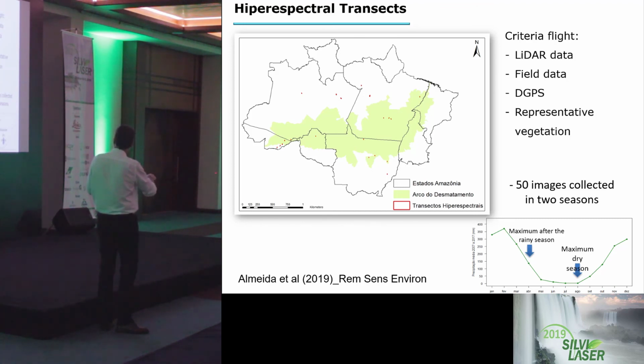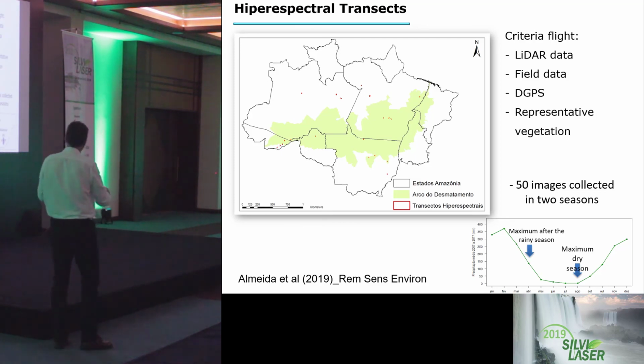That was the differential GPS. We covered the wet and dry season, and that was the distribution of those data. So Catherine used those to do an analysis of biomass production out of hyperspectral and LiDAR data.